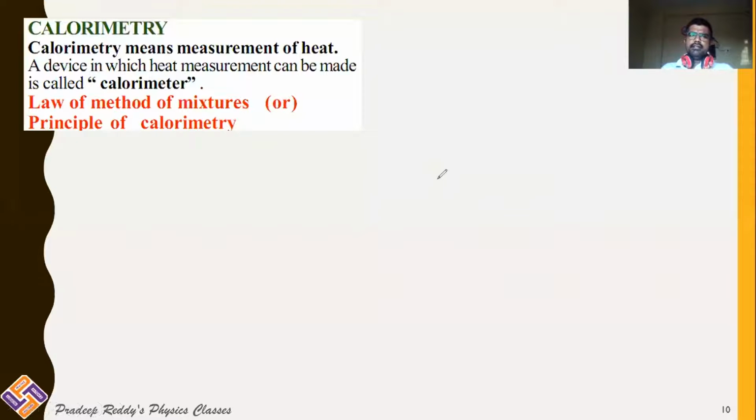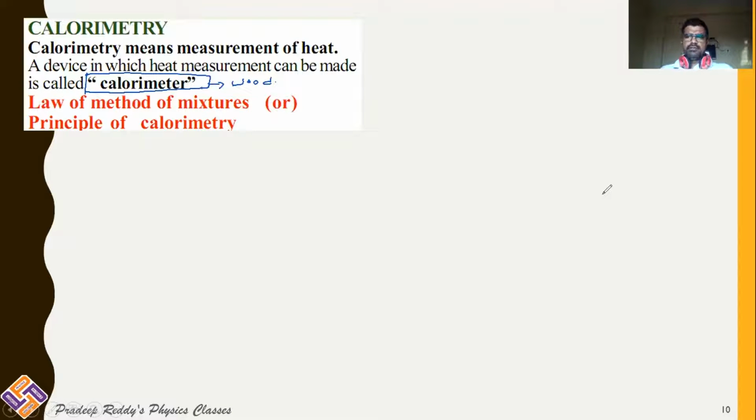Calorimetry is that in which we measure heat energy of a substance, whether it is losing or gaining. The device which is used to measure heat energy is called a calorimeter.